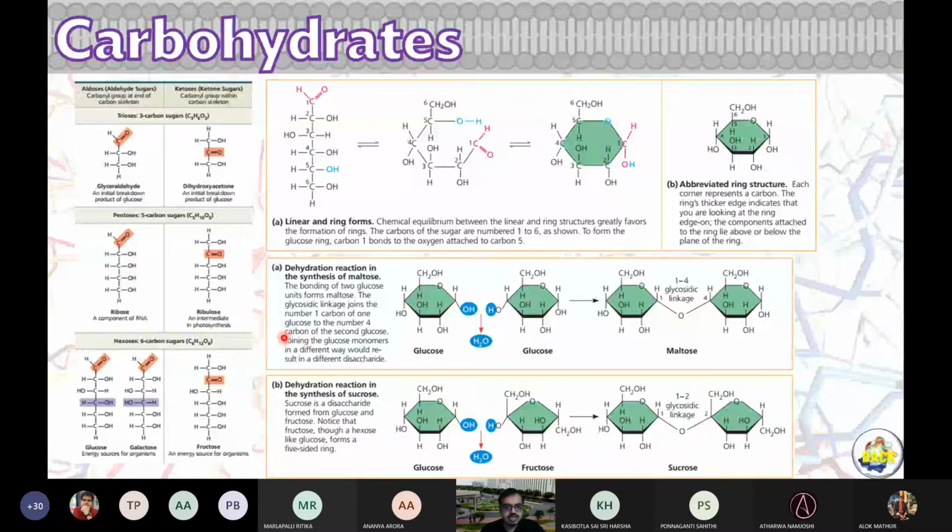Now here you can very much see how the monomers of carbohydrates make multimers. First, they can make dimers. Glucose and glucose join through a glycosidic linkage, an ether sort of linkage between two monomers of carbohydrates. These are normally called glycosidic linkages. Actually, all carbohydrates, when they form polymers, use glycosidic linkage.